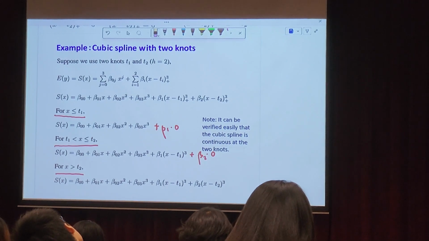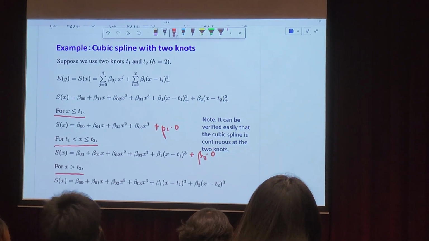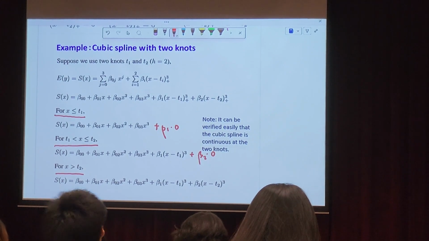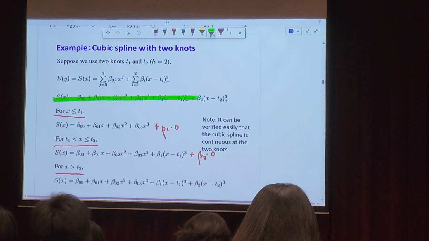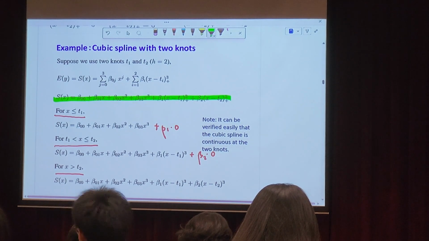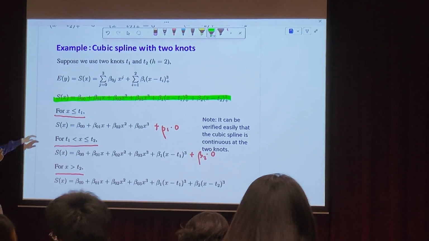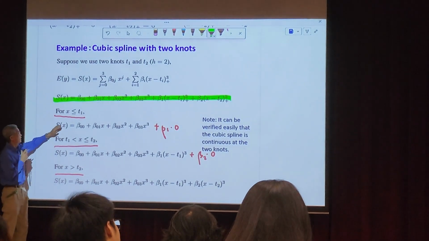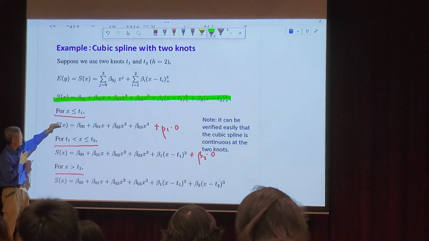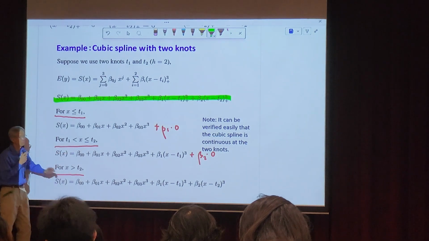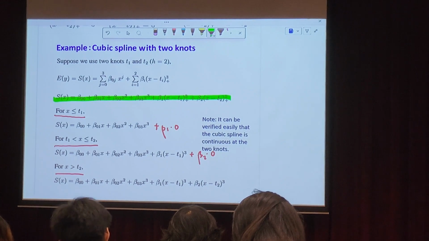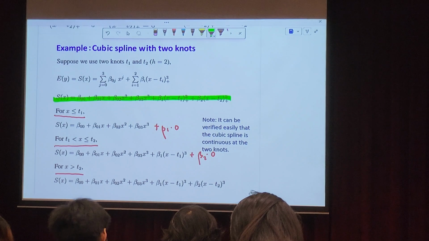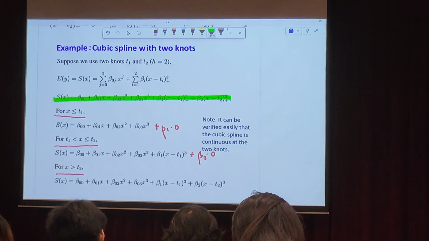So, to represent this whole thing, I will just use this one. So if I write my model this way, I'm actually writing the three models here. Can you get that? So this explains why we need the plus notation. If you understand that, you understand spline model.